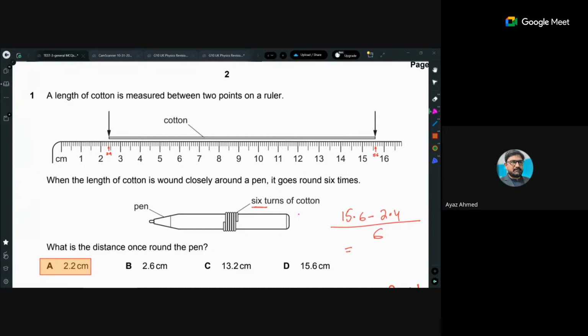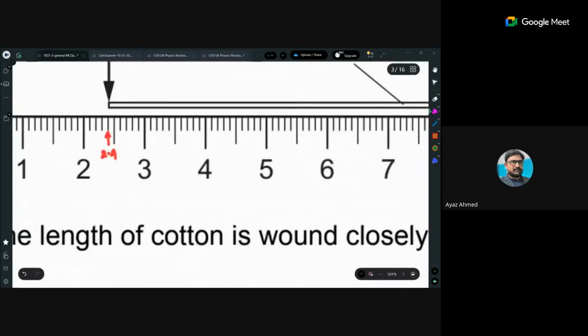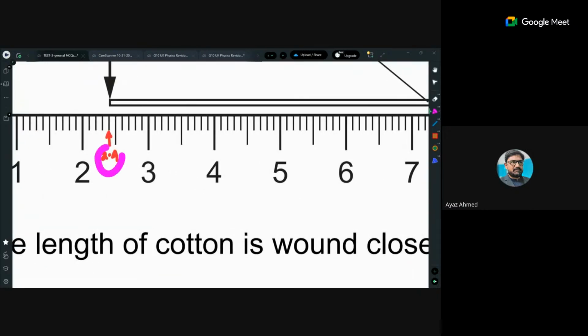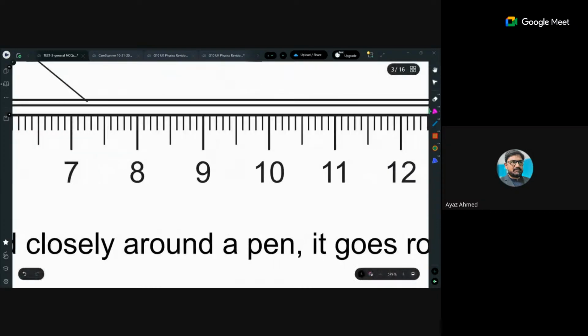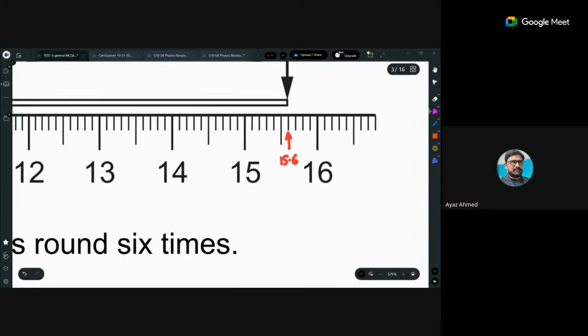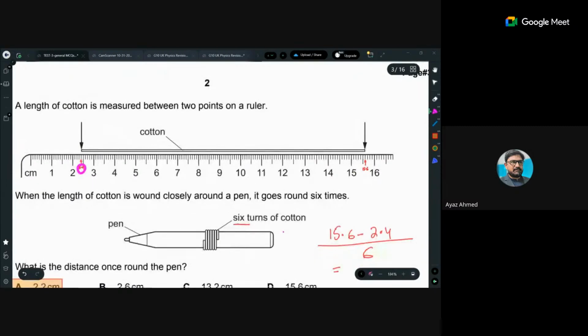So in this first question, instead of reading the question, I will just give you the idea of what was asked and how to manage that. A cotton thread was wound around the pencil for 6 turns, and the length of the thread was available for you. It was starting from 2.4 and ending at 15.6 centimeter, right?